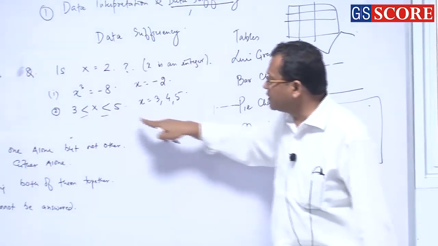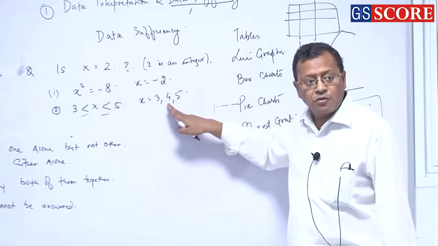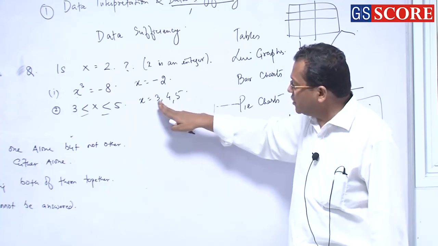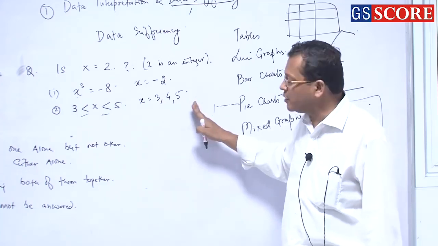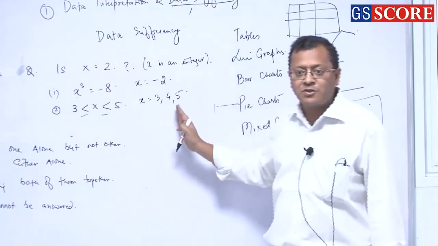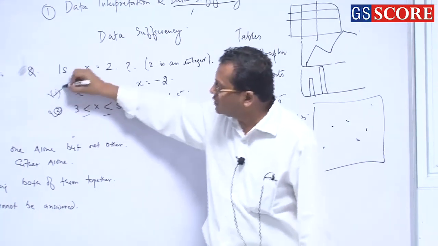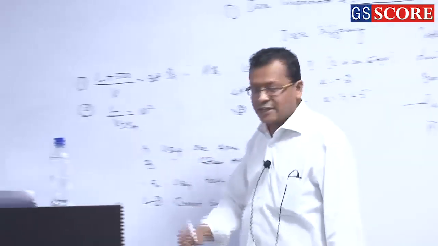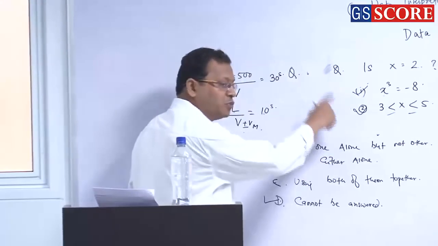X lies in 3 and 5. So the values of x will be 3, 4 and 5. Right sir? So it will be 3, 4 and 5. Any of the 3, 4, 5 is possible, but 2 is not a value. So we are getting an answer to the question from the second one as well. Right? So we are getting the answer from both the statements using both of the statements alone.